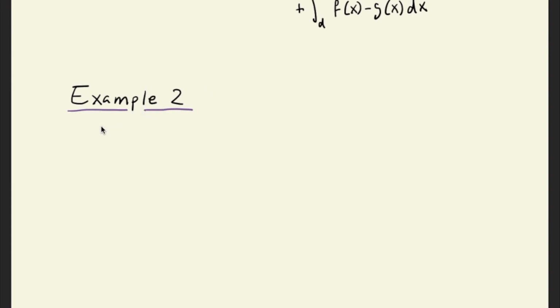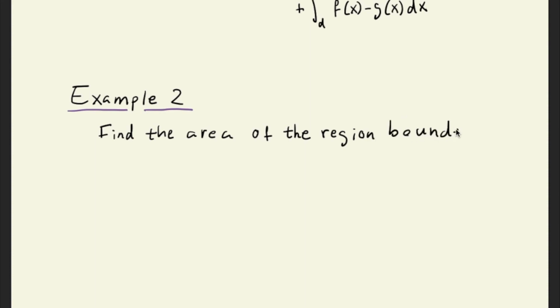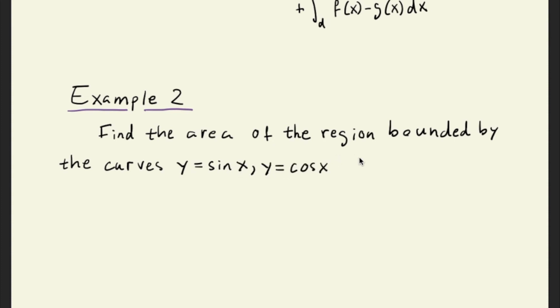So find the area of the region bounded by the curves y equals sine of x, y equals cosine of x, x equals 0, and x equals pi over 2.